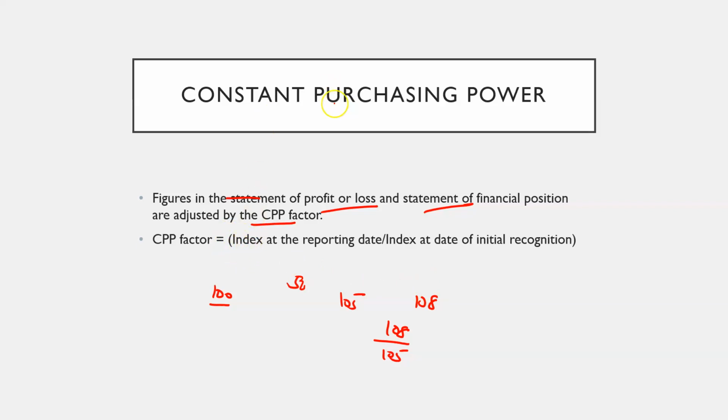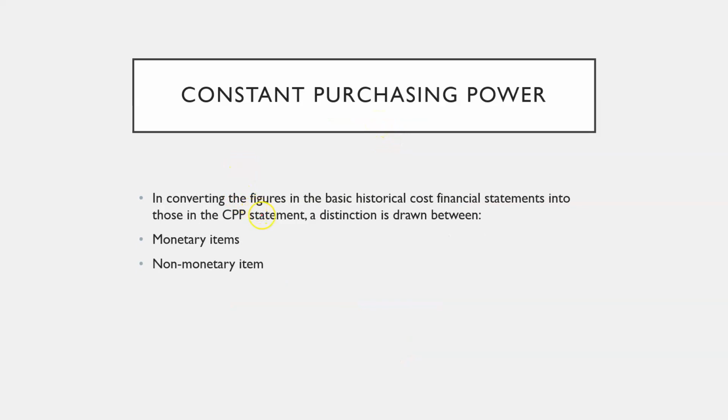So in order for these assets to maintain their constant purchasing power, we need to adjust them for inflation. Now, there are two issues here: monetary items and non-monetary items.